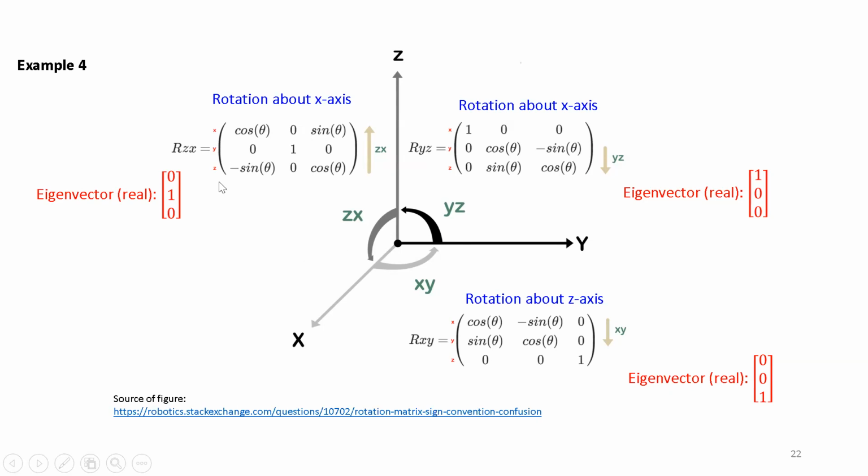But here you can always find an exception. If your input vector by itself is already parallel to your rotation axis, then that vector won't be affected by the rotation at all. So that vector, of course, is at least a real eigenvector.